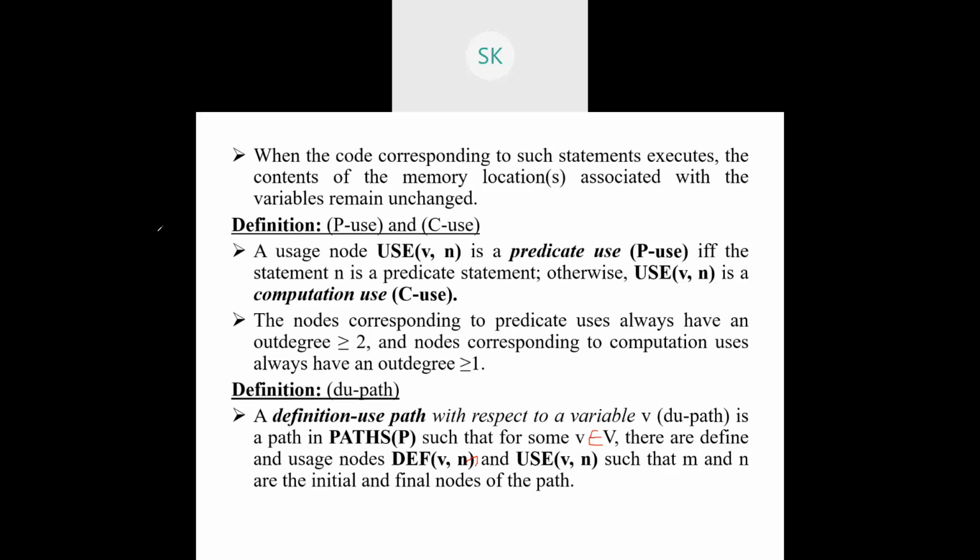We have seen this with an example in the last class itself, so we will not go in depth. DU refers to the definition use path: a path in the whole path P already taken, where the starting node should be the definition node and the ending node should be the usage node.